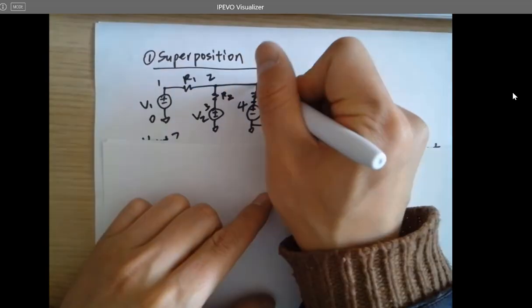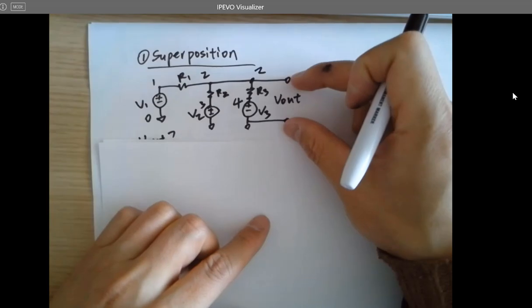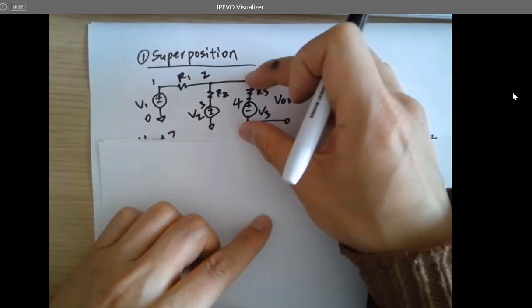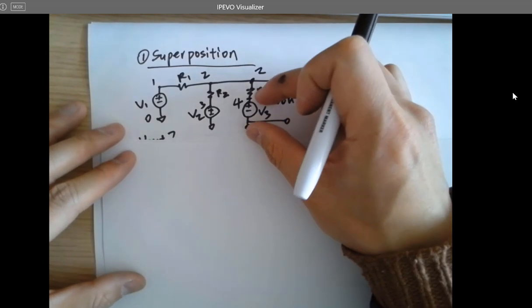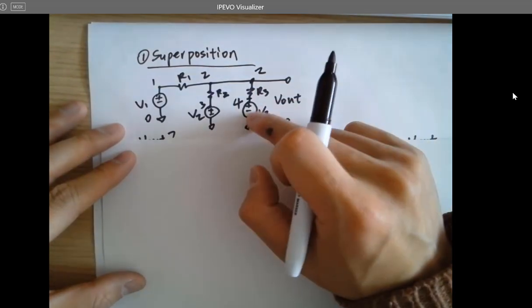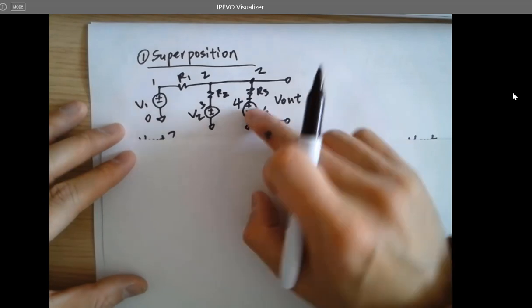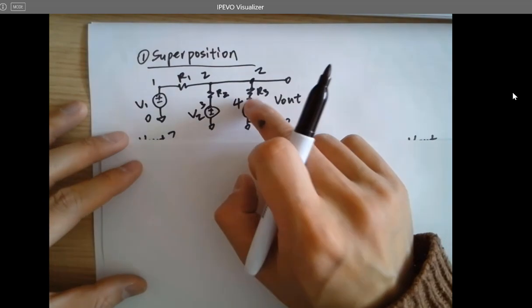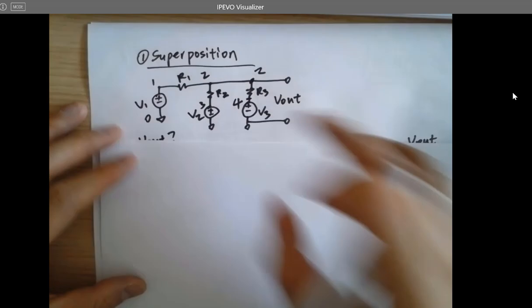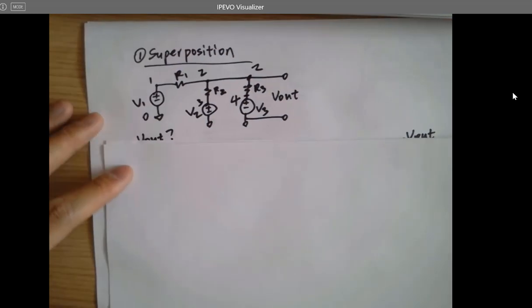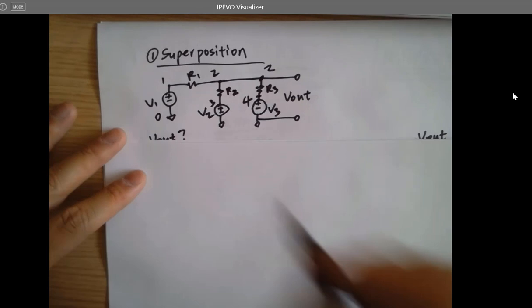So here is 2. VL, V2. Okay? Not V4. V4 is here. V4 is this voltage. When I'm talking about V4, I mean node 4 compared to ground, right? Okay, so let's write the SPICE code.